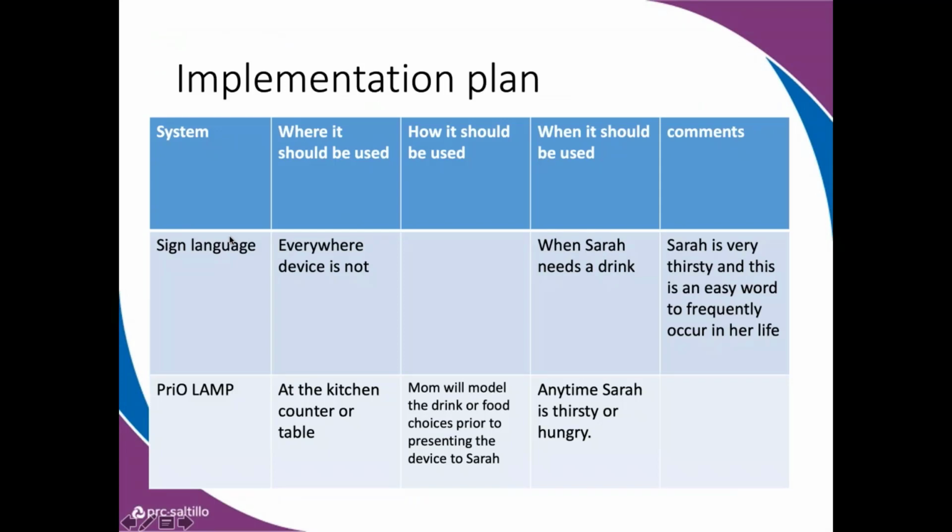Implementation plan is another document that I like to share with the support personnel. And remember that AAC is fluid and that there's not one system that's always best. So you can still incorporate, if they're using sign language or other sorts of modalities or means, it doesn't need to be a speech generating device.